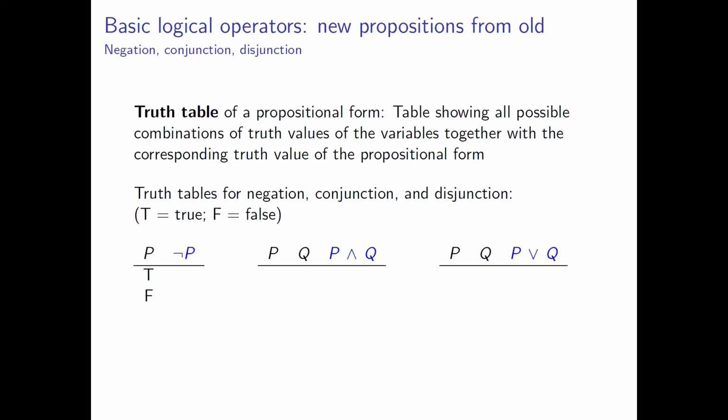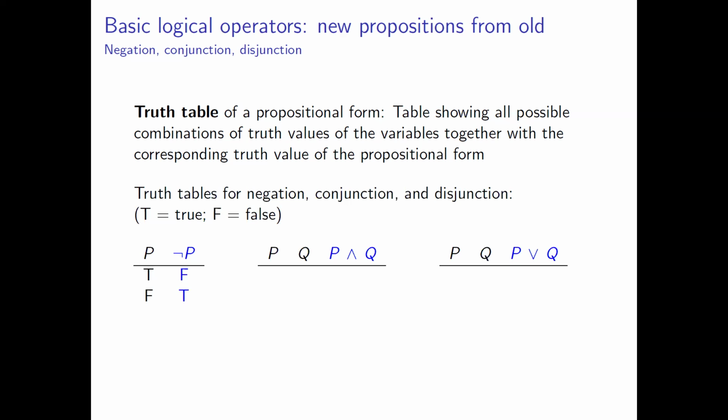A proposition P has only two possible truth values, so the truth table for not P has only two rows. By its definition, the statement not P is true exactly when P is false and is false exactly when P is true. This is the truth table of the statement not P.